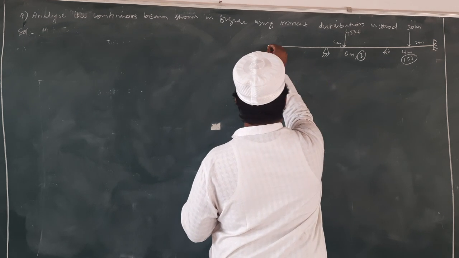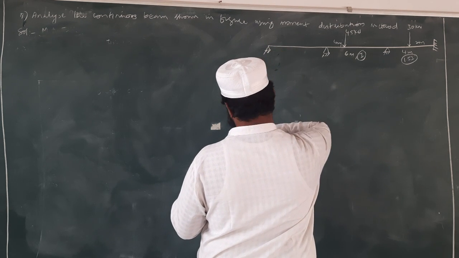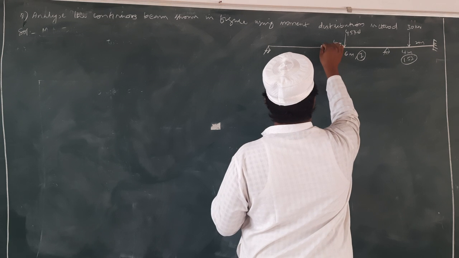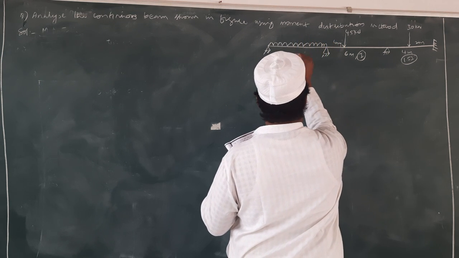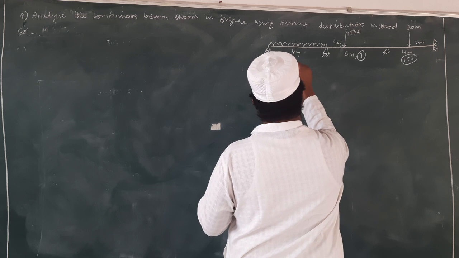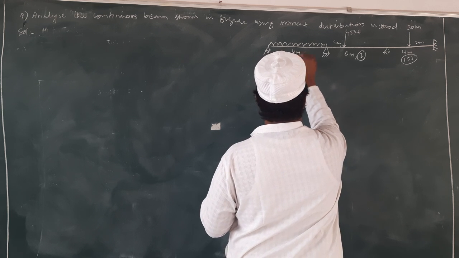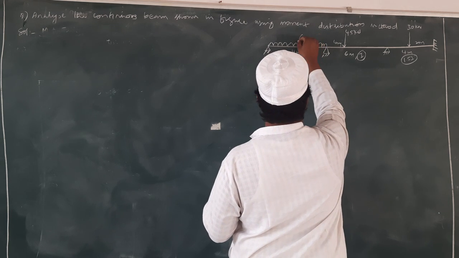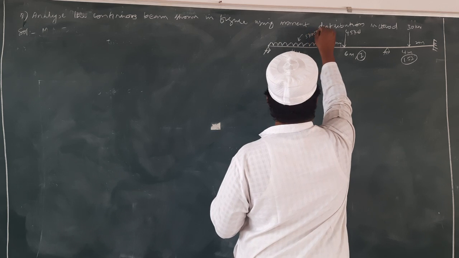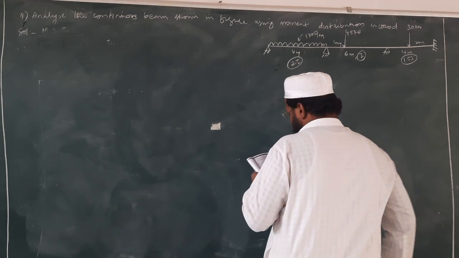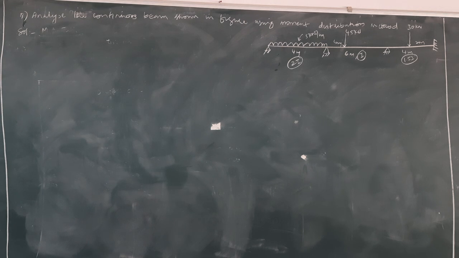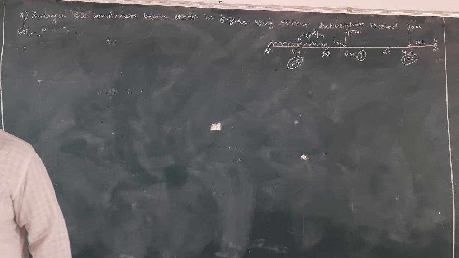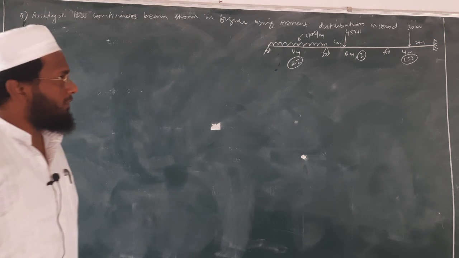And here also we have a simple support, and this one is 4 meter and this is 2I. So 5 kilonewton per meter. So the beam is given like this. A long beam is given in the question.